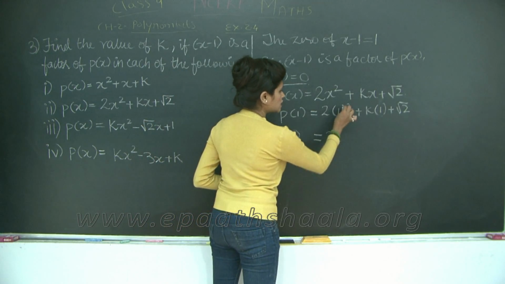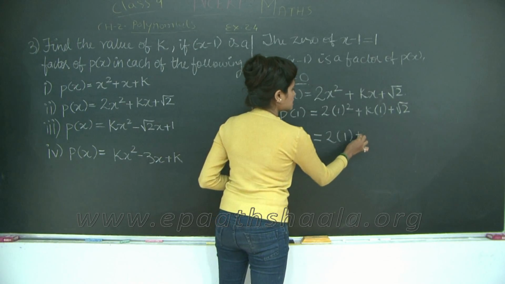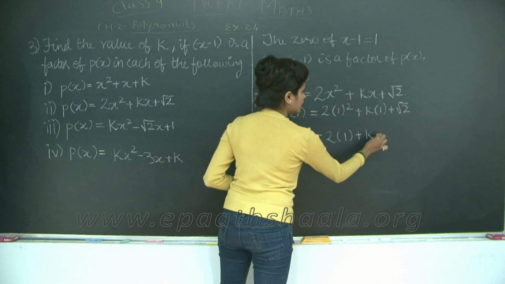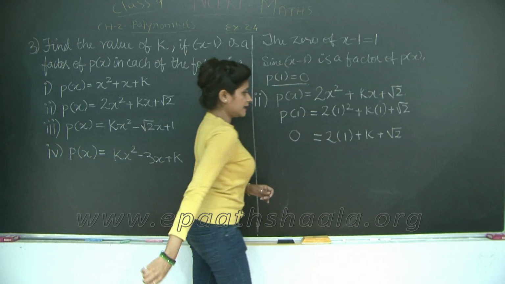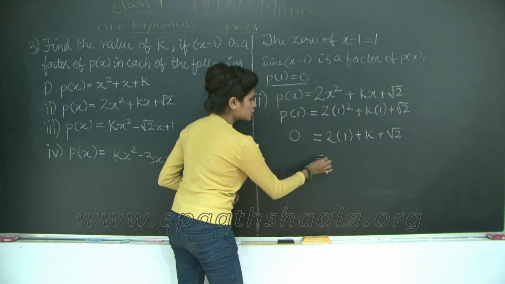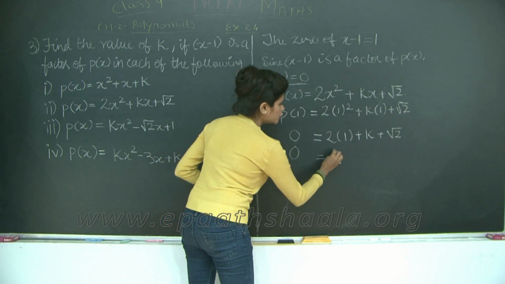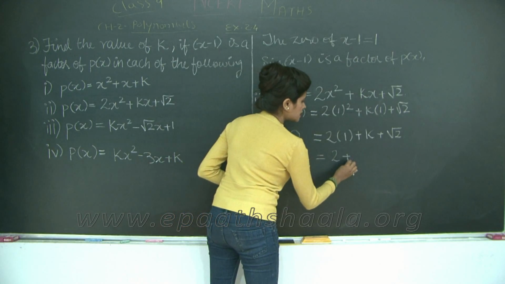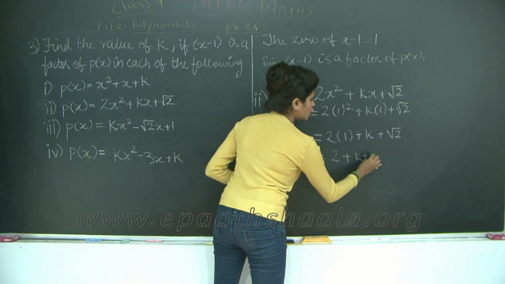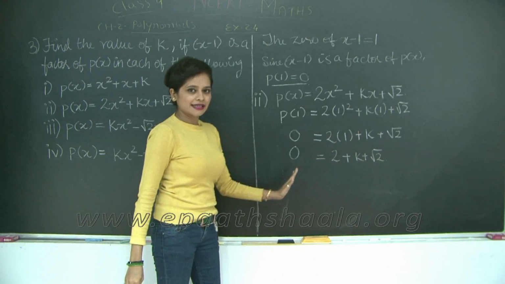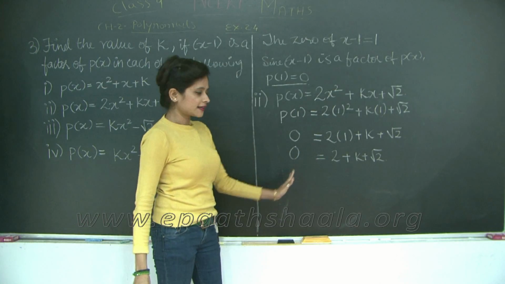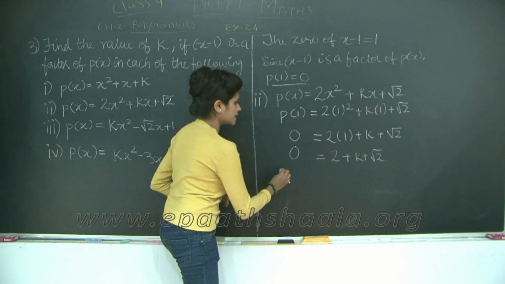2 into 1 square is 2, plus k into 1 will give me k, plus root 2, right? This is equal to 0. 2 plus k plus root 2. I can simply swap the sides, that is the left hand side with the right hand side, without changing the signs.